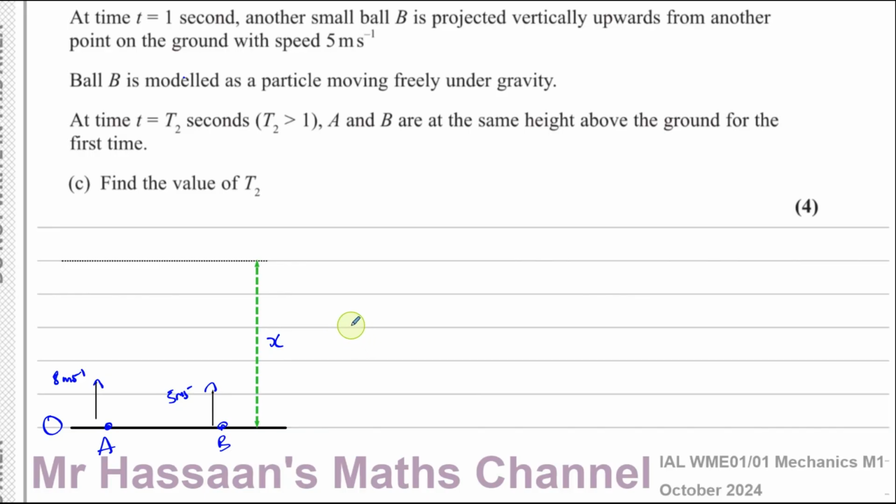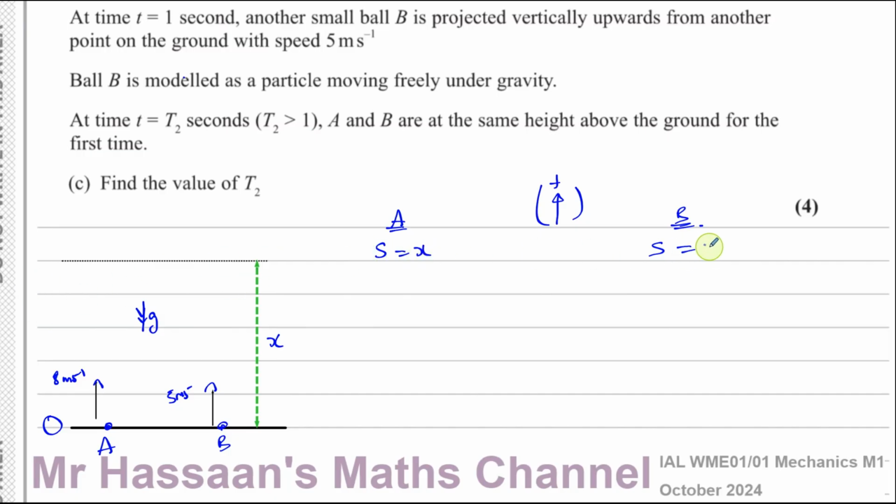Now, we're going to consider A and B separately. I'm going to take up as positive for both of them, as they were both projected upwards. We know for both of them you have the acceleration due to gravity acting downwards. If we consider the displacement at the point where they reach X, it's going to be the same displacement.